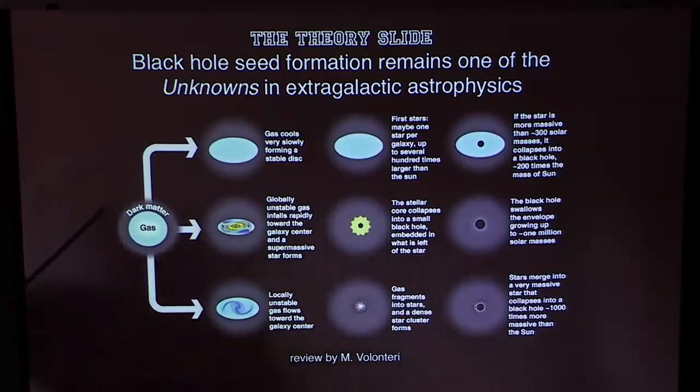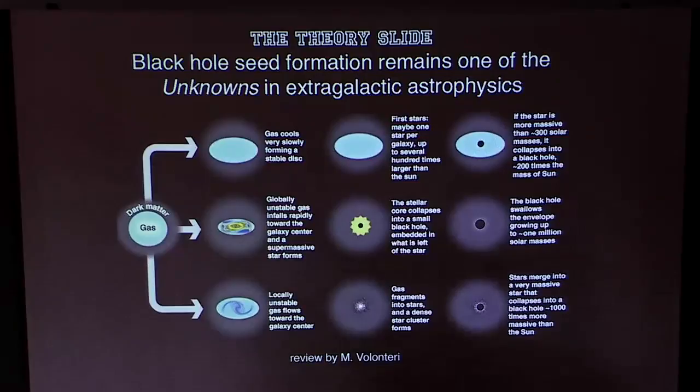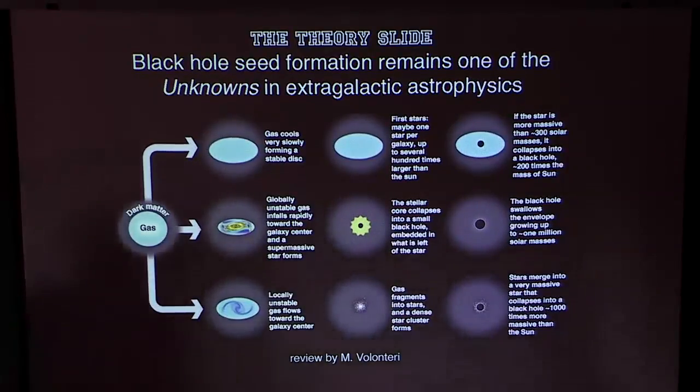We have the remnants of Population III stars, where the first generation of stars collapses to a still very massive black hole, but much less massive than in the other case. Or you could have fragmenting gas forming a dense star cluster, which then collapses all the way down to a black hole seed.